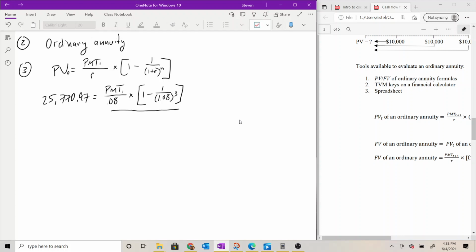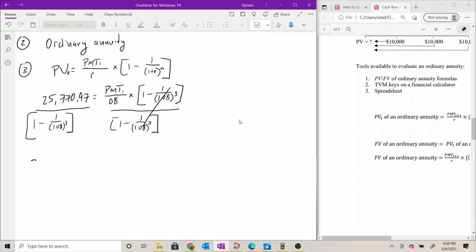So let's divide this by 1 minus 1 over 1.08 cubed. And I've got to do the same thing to the other side. Okay, and when we do that, it's going to cancel out on the right-hand side since anything divided by itself is 1.